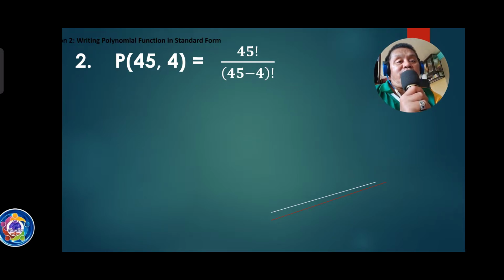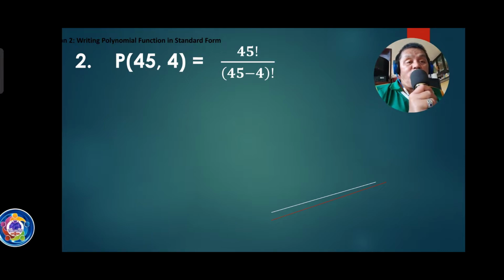Directly, our formula is the permutation of N taken R at a time equals N factorial over N minus R factorial.